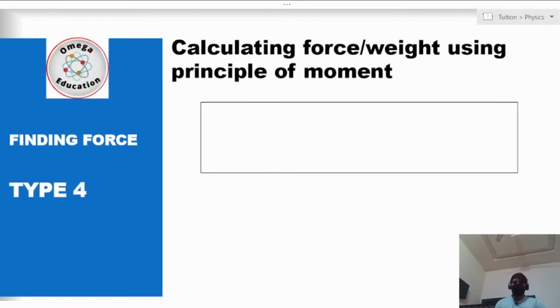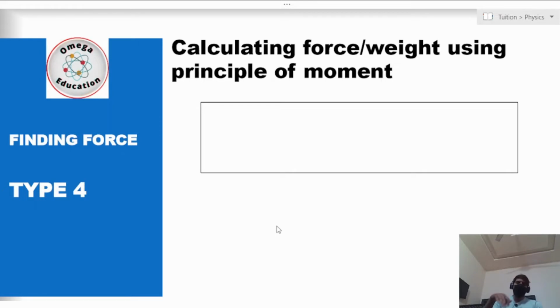Alright, in the next type 4, we have to calculate force using the principle of moment. And sometimes they don't directly use the word force, but they ask you to calculate weight. But then you have to keep in your mind that weight is nothing but a certain kind of force, right? It is just an example of a force. What kind of force? The force which is exerted by a massive object towards its center.